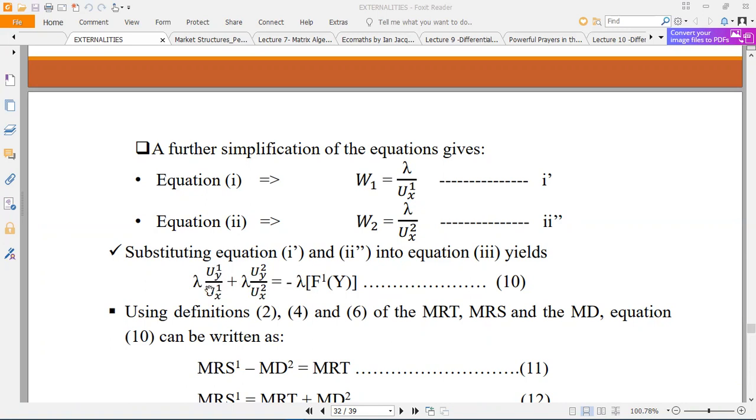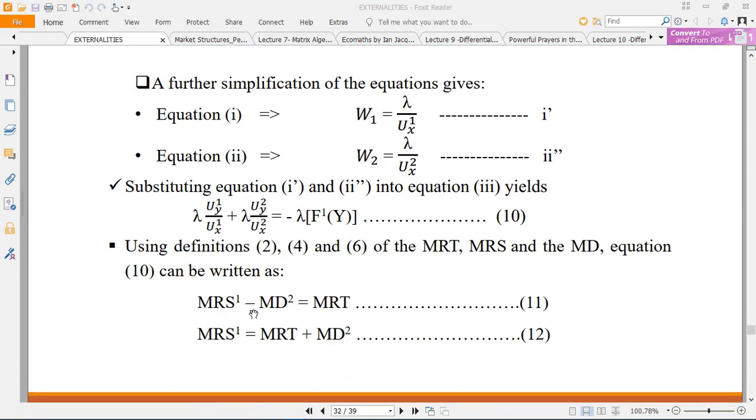So U1Y over U1X is the marginal rate of substitution for individual 1. Then U2Y over U2X is the marginal damage. And remember we said U2Y is less than 0, so it will be minus marginal damage. Then the right hand side will be equal to the marginal rate of transformation. So rearranging, we'll have marginal rate of substitution for individual 1 equals marginal rate of transformation plus marginal damage.